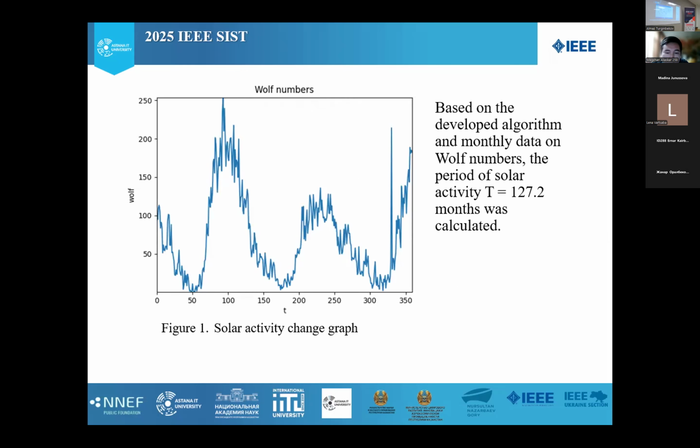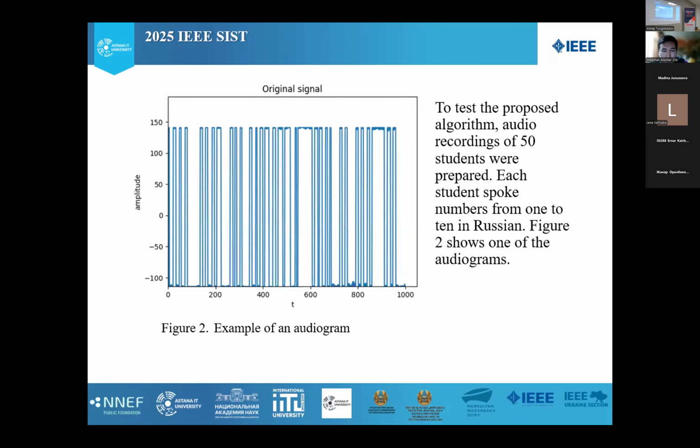In the first figure, we tested on monthly Wolf sunspot numbers. The algorithm extracted a dominant cycle of T equals 127.2 months, and this matches the known long-term solar cycle and validates our method on geophysical data.